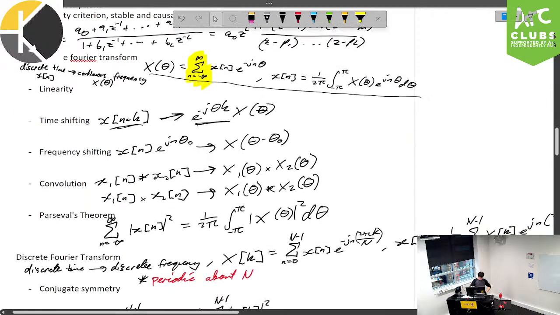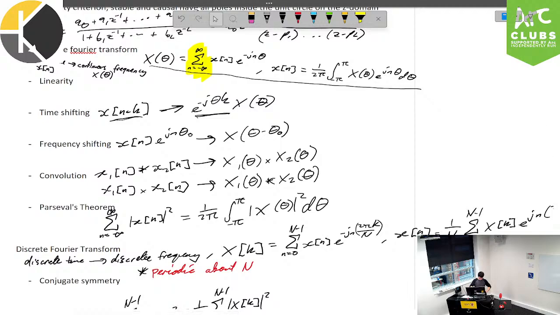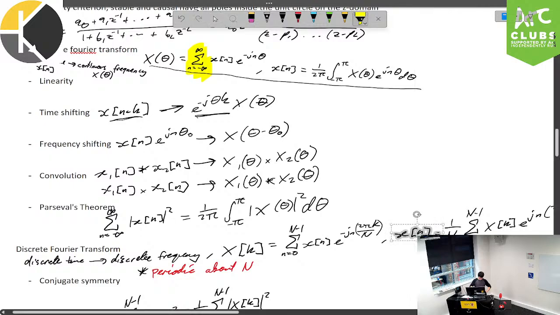Frequency shifting now exists, so we can actually shift the frequencies that we're analyzing by a certain factor. And convolution, always the same, but in this instance, it also works in the other direction.